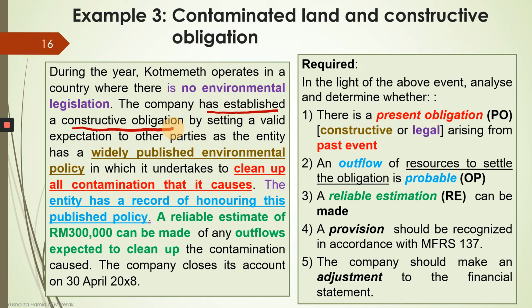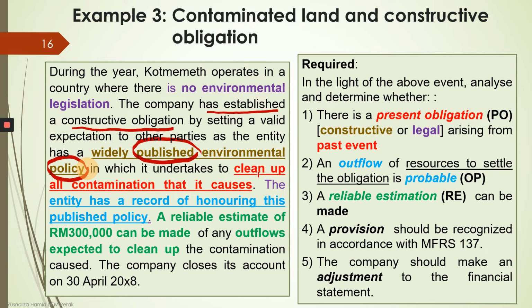How? Through the widely published policy. So remember, for the legal obligation, I use purple. For the constructive obligation, I use brown. So if you look at brown here, it shows that it has something to do with constructive obligation.